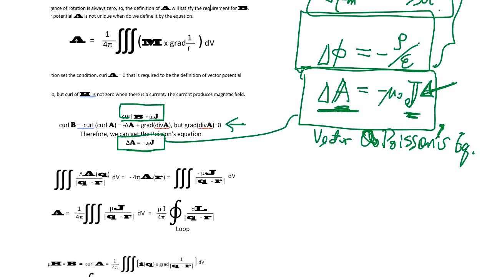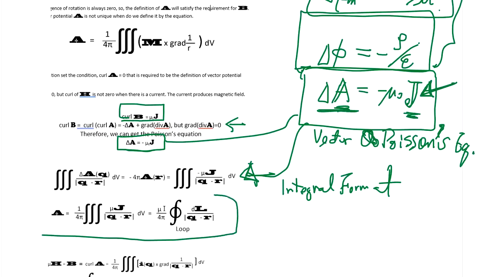Okay, so we modify this, since it's a Poisson's equation, we use the same Poisson's integral format. Now, this is the vector potential integral format.